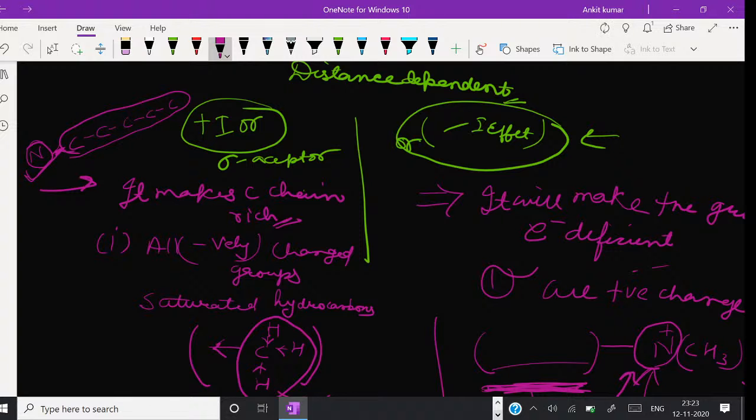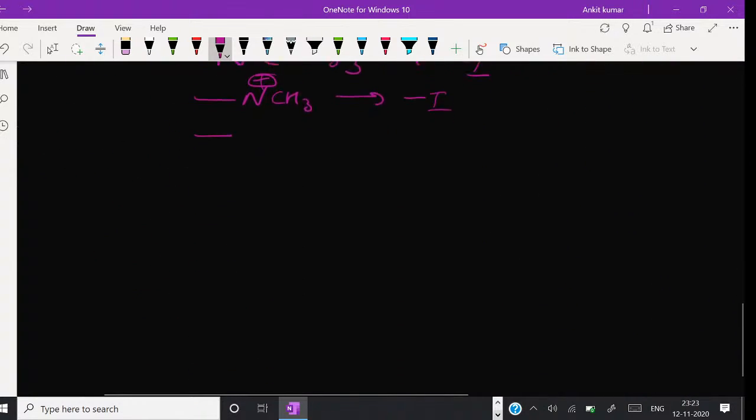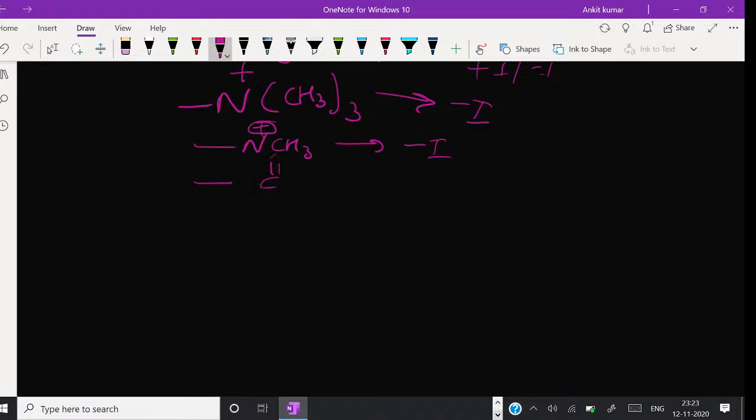So nitrogen will be acting as minus I group. COOH, so this COO group will again be a minus I heteroatomic bond. Oxygen is more electronegative than carbon. It will pull the electron towards its side. Hence this group will be acting as minus I because it is withdrawing the electron.